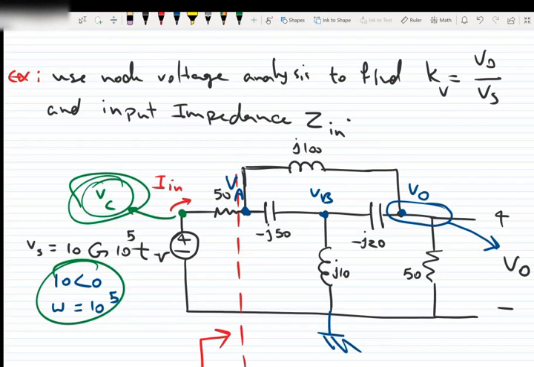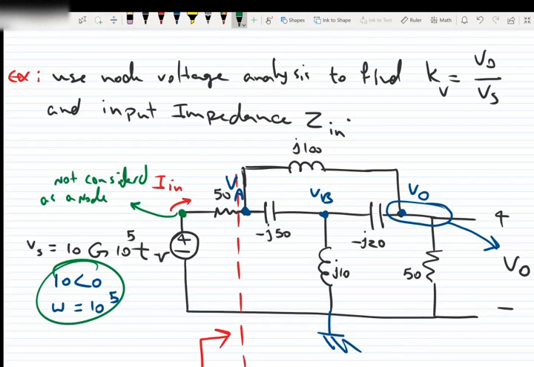Okay, we also have this option, but in order to minimize the solution, we don't consider here as a node, since the voltage is known. The voltage is 10 volt with the angle of 0. So since the voltage is known, we don't need to consider it as a node.